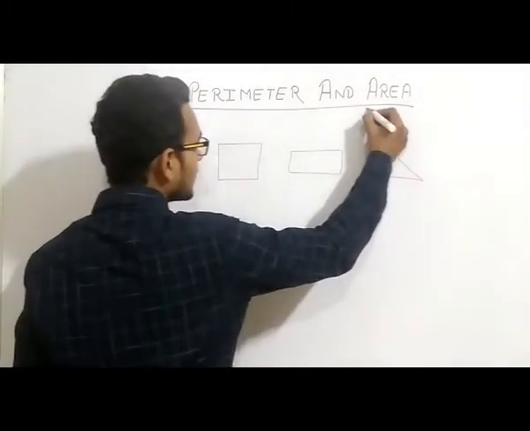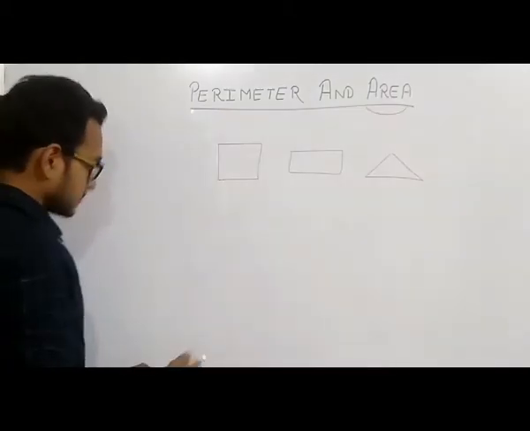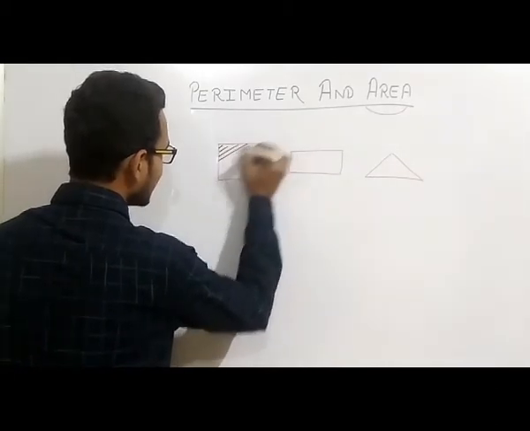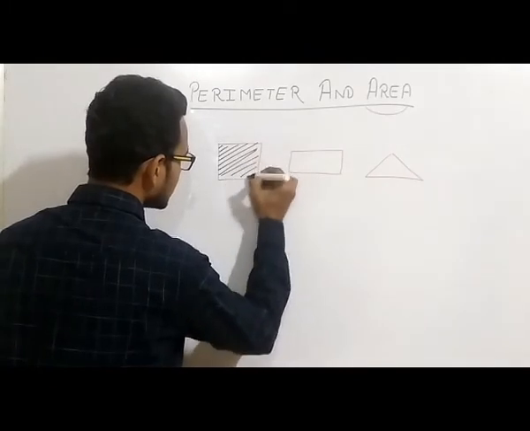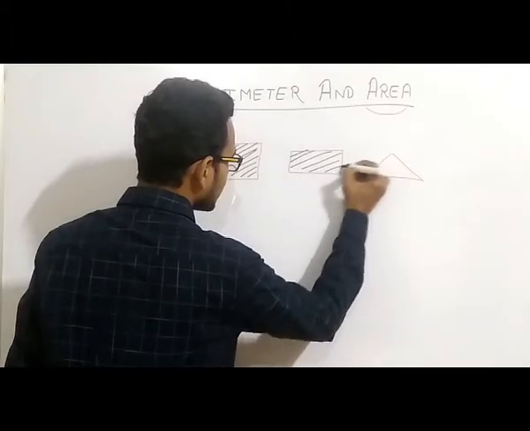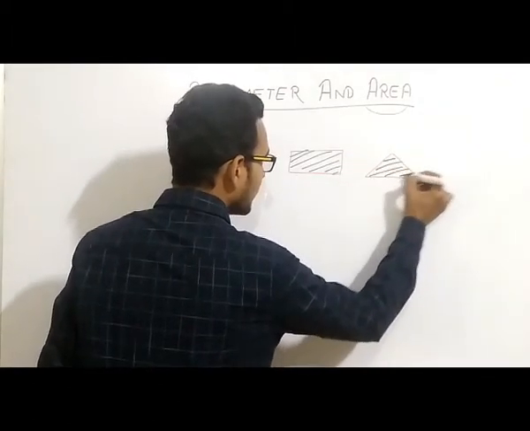Second one, what is area? Area is the inner portion. This black shaded region is the area of a square. This black shaded region is the area of a rectangle, and this black shaded region is the area of a triangle.